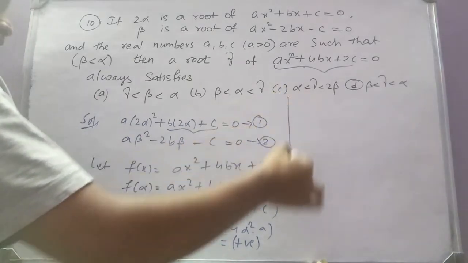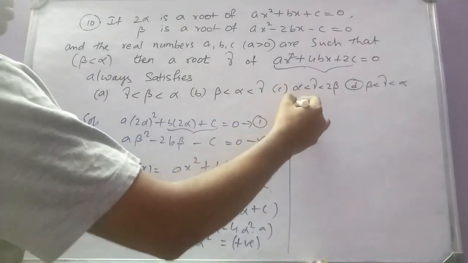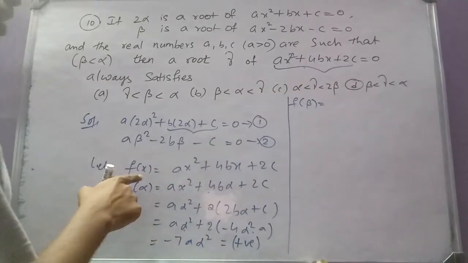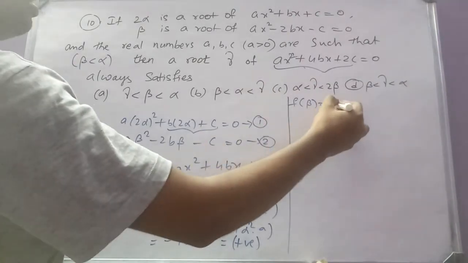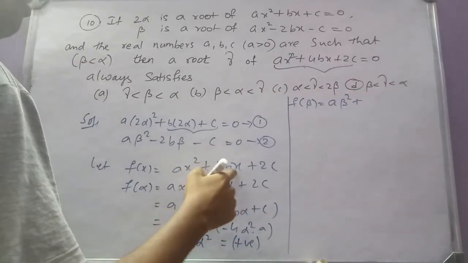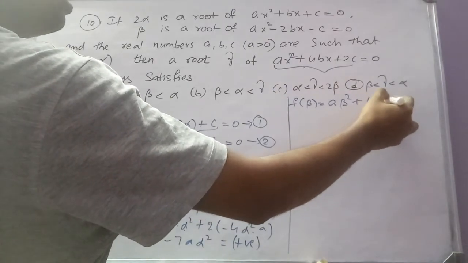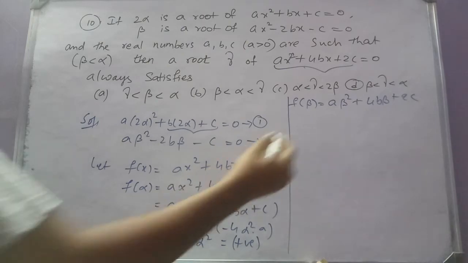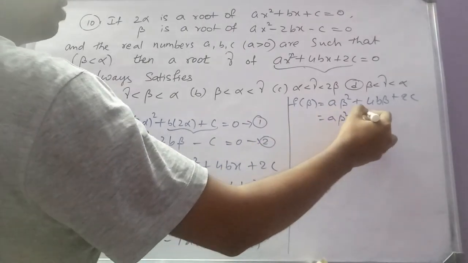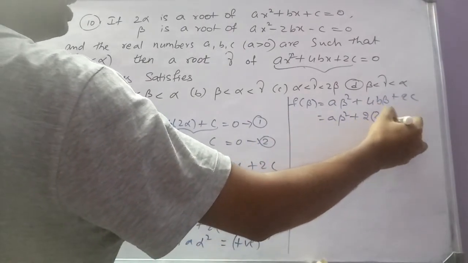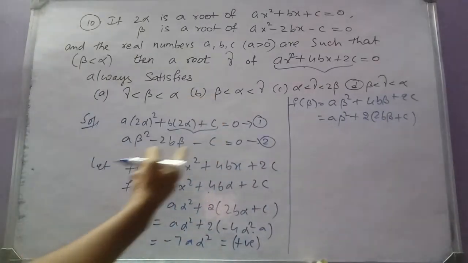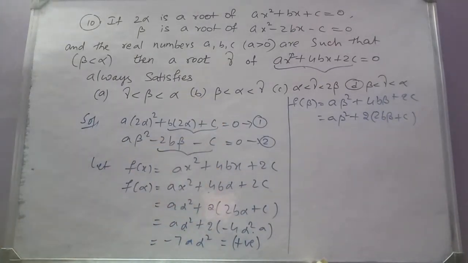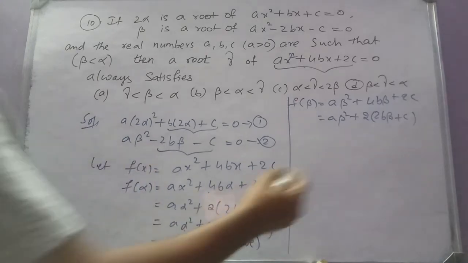Now let us find f of beta. So f of x is this, f of beta is a beta square plus 4b beta plus 2c. If you take 2 common, you get a beta square plus 2 times 2b beta plus c. And from the second equation, what is 2b beta plus c? It is a beta square.